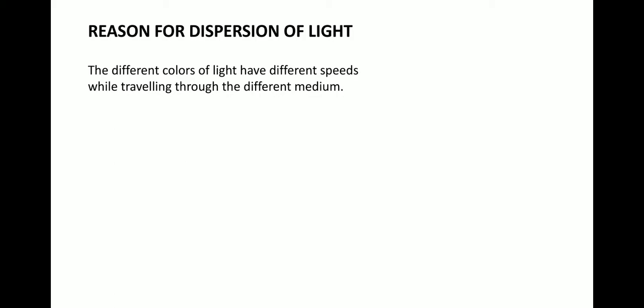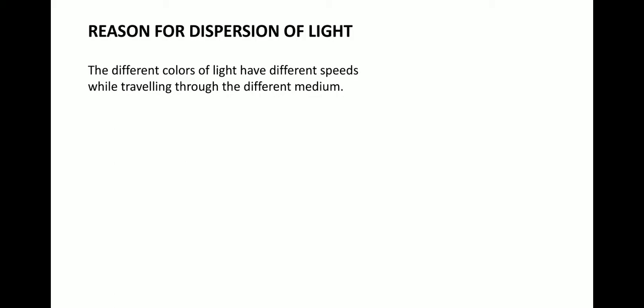For example, the white light, when traveling in air or in vacuum, doesn't travel with different speeds. Their speeds are almost the same. But when the same light passes through glass, then their speeds may be different.